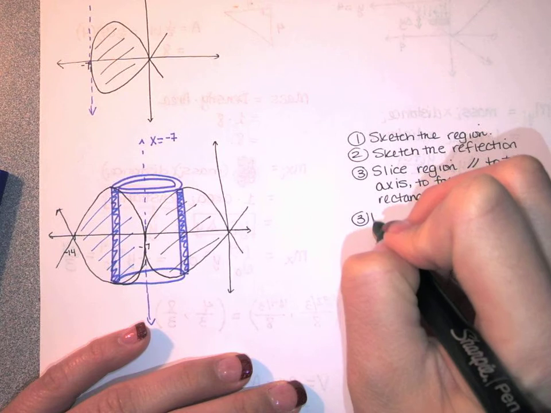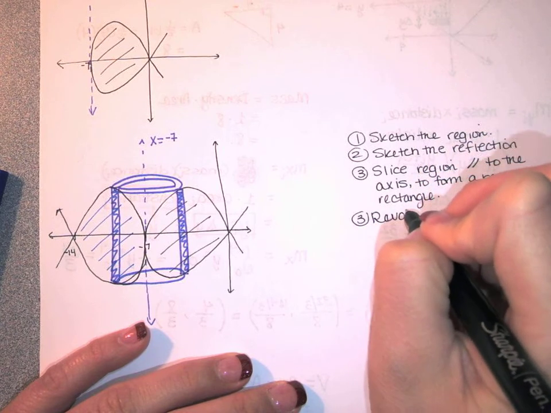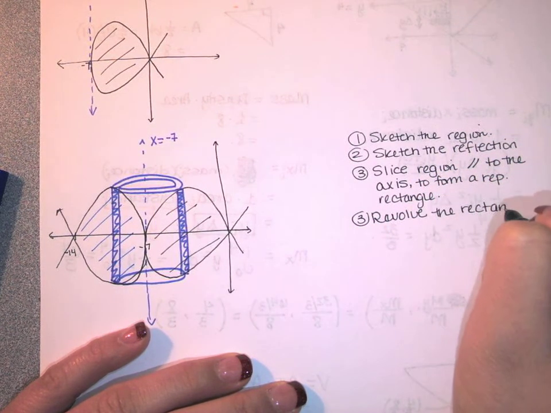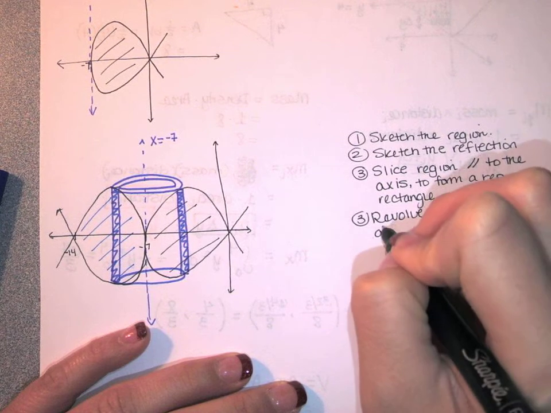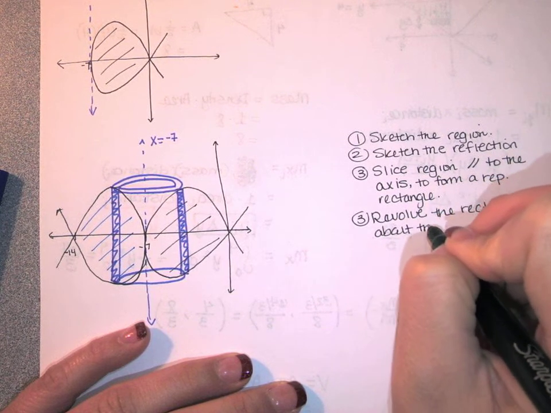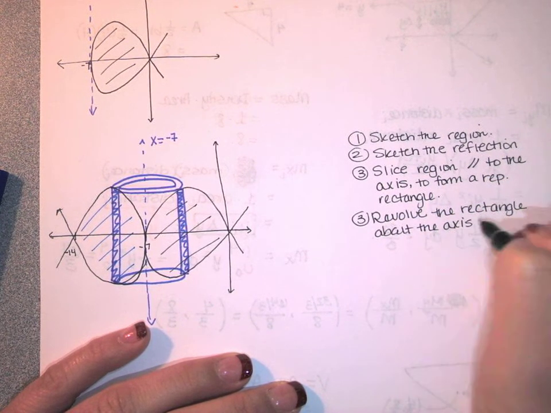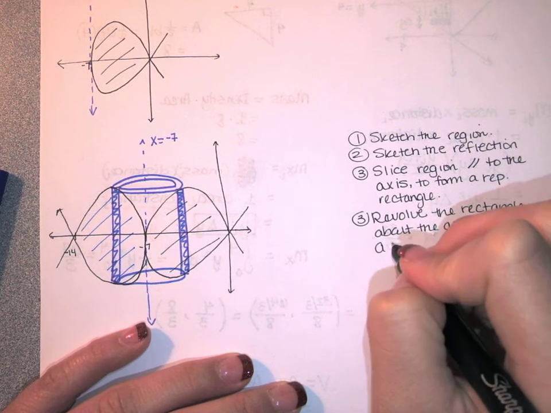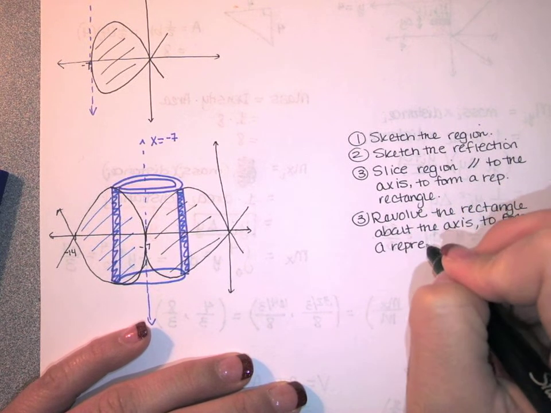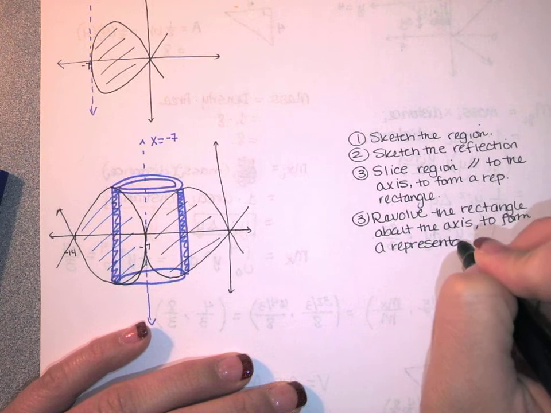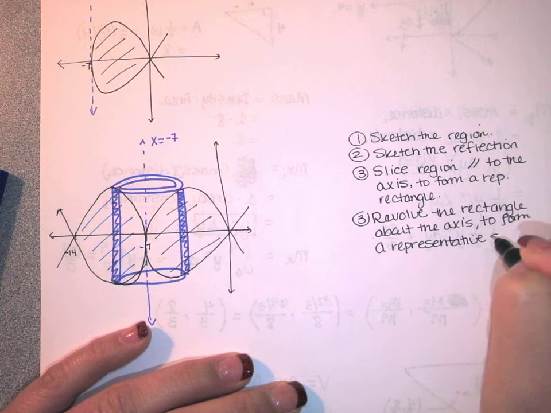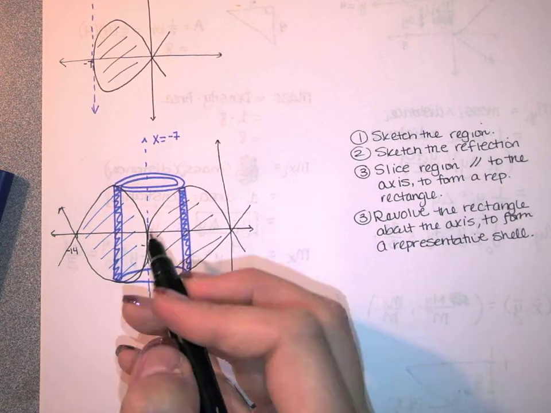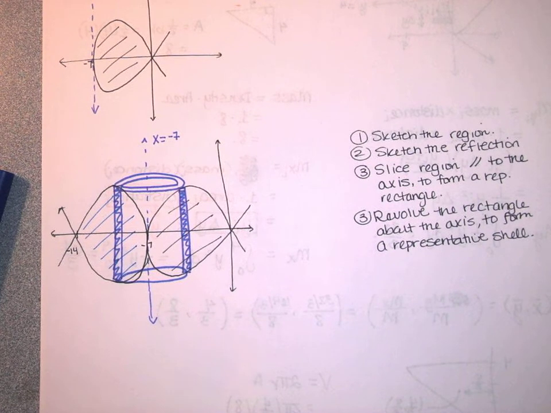Then we revolve the rectangle about the axis to form a representative cylindrical shell. And now we're just going to find the volume of this shell.